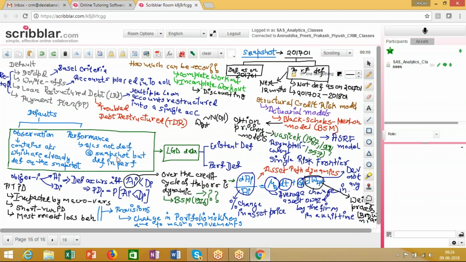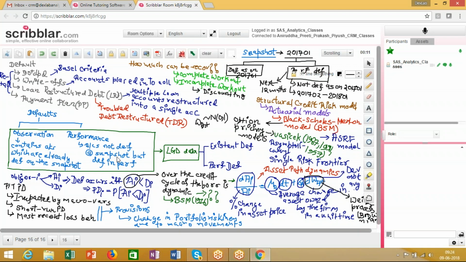Now, the theoretical framework on which this entire concept stands is extracted from an actuarial model. The structural credit risk model is what the entire Basel framework stands on. So Basel is a kind of structural credit risk model framework.